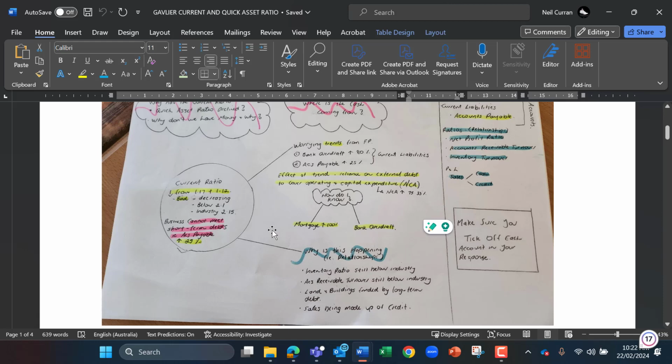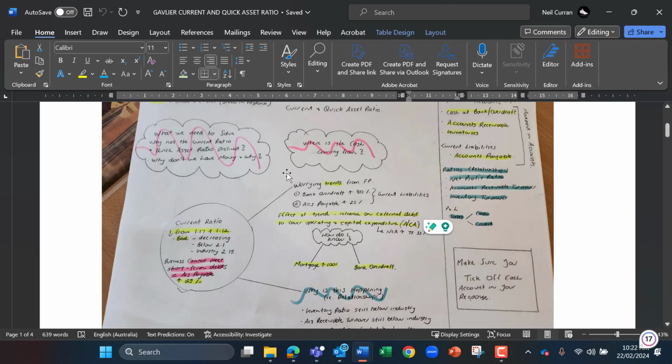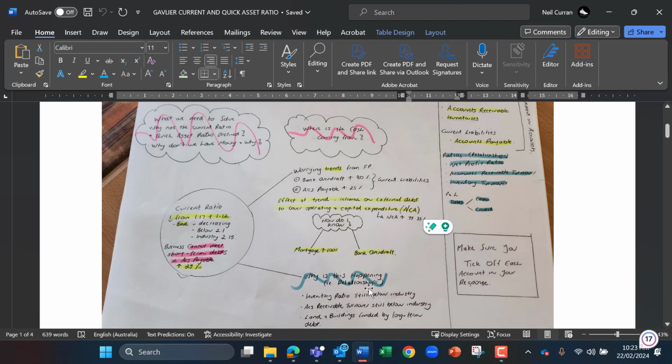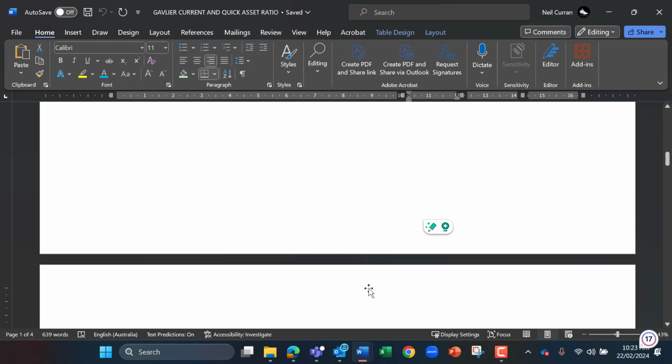So saying that, this is obviously your plan and how you're going to set out your actual answer. So as I said before, you need to make sure that you tick off all your accounts and your responses, okay, to make sure you've covered your trends, the effect of these trends, identify the issue, explain the issue, and then identify the relationships with that ratio.